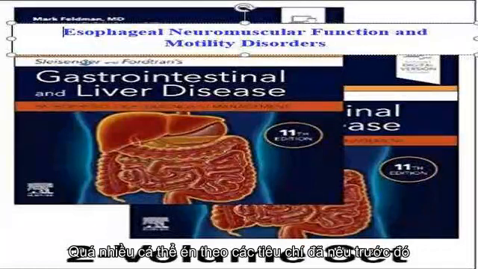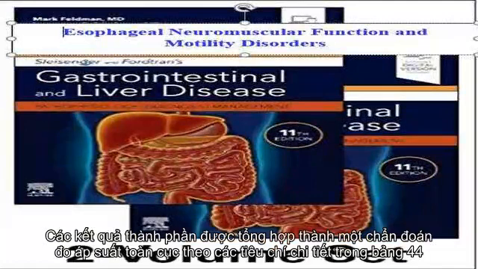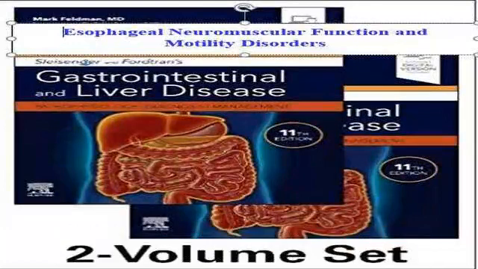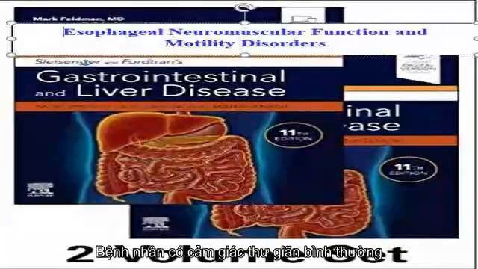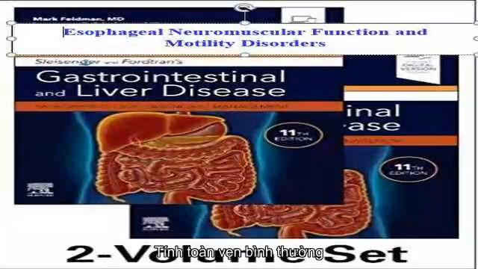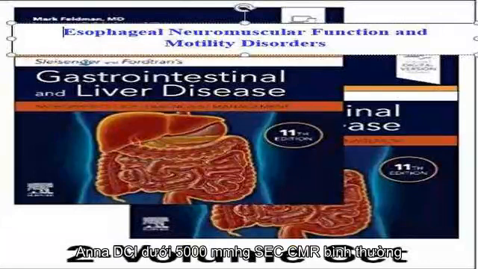Following analysis of individual swallows by the criteria outlined earlier, the component results are synthesized into a global manometric diagnosis by the criteria detailed in Table 44.2. Patients with normal EGJ relaxation, normal integrity, normal DL, normal contractile front velocity, and a DCI less than 5000 mmHg·s·cm are normal.